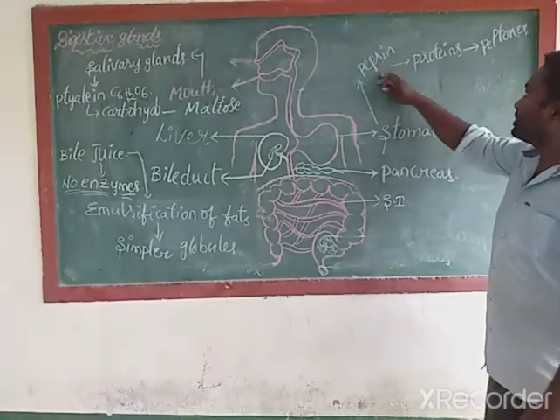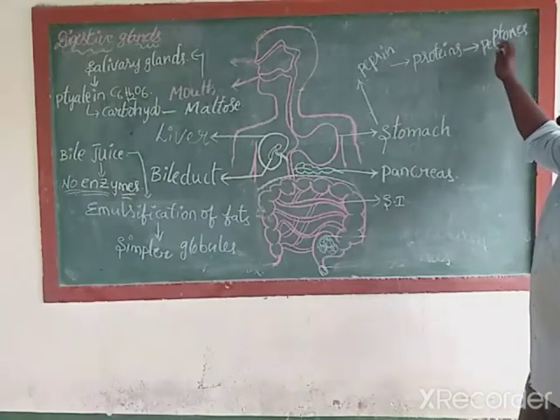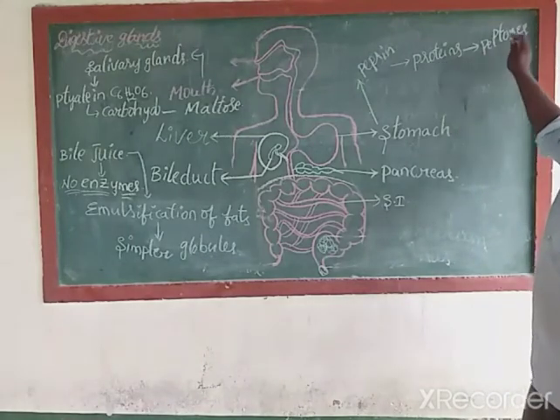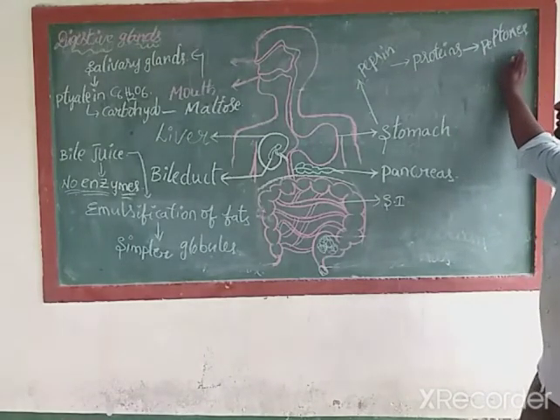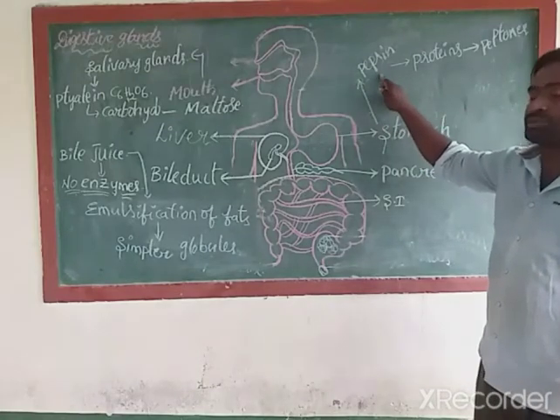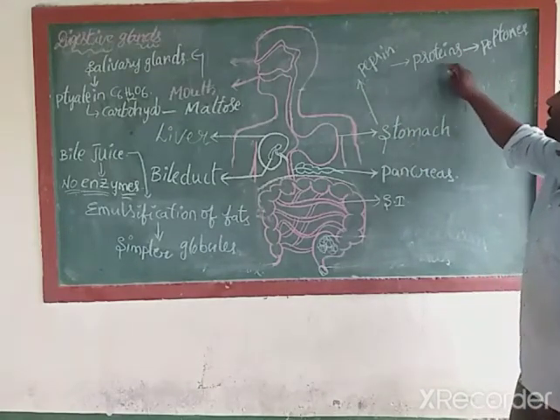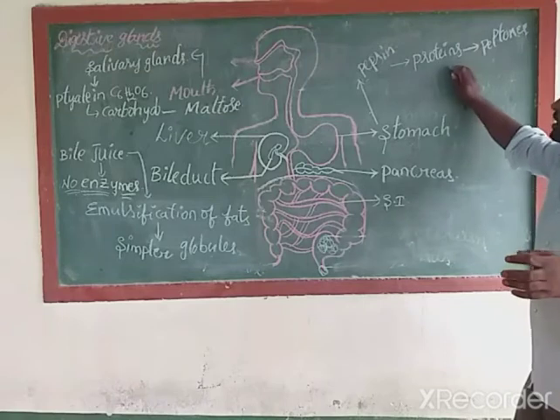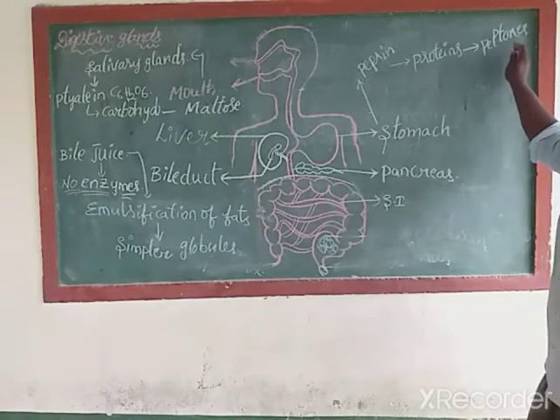This pepsin enzyme converts proteins into peptones. Here proteins are the complex forms of food materials. Peptones are the simpler form of food materials. Did you understand? Our stomach secretes pepsin, which is useful to convert proteins into peptones.